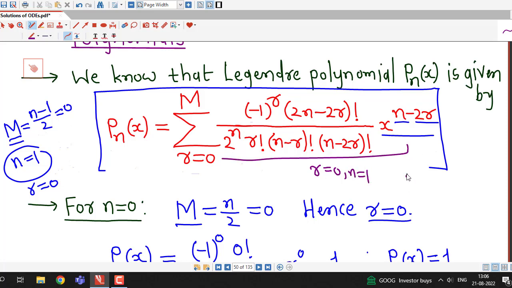So we can see r is 0, so minus 1 raised to 0, n is 1 here, and r is 0. If I take n equal to 1, I will have 2 factorial, 2 minus 0. Then n is 1, so this is 2, r is 0, we have 0 factorial, n is 1, so 1 factorial, r is 0, so again 1 factorial, into x raised to 1 minus 0, that is x.